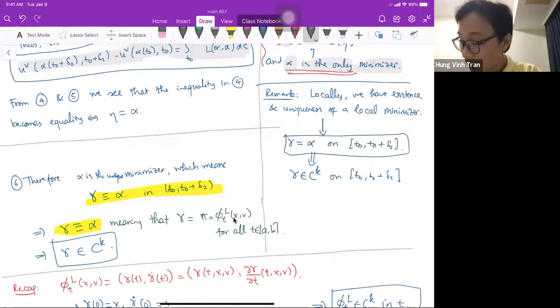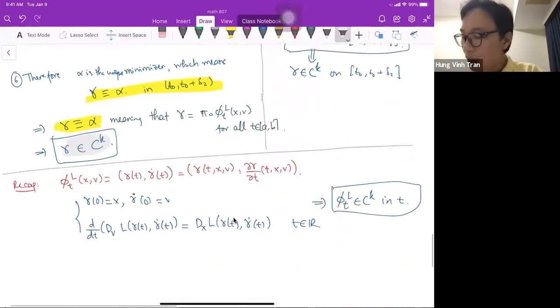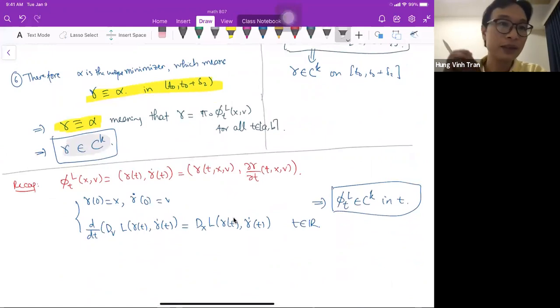And surely then I can conclude that gamma is C^k. So why can I say that, from gamma equals alpha locally, to gamma equals alpha globally? Can some of you tell me, just to finish our discussion for the class today? Why could I do so?